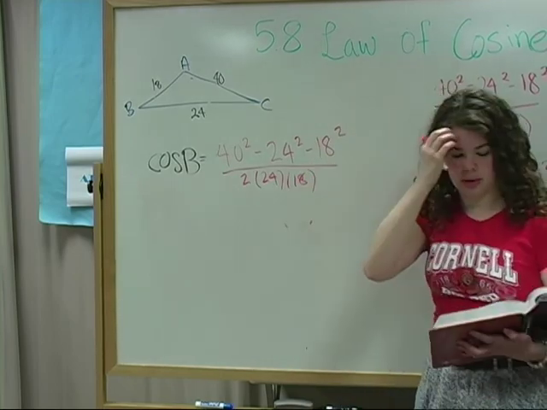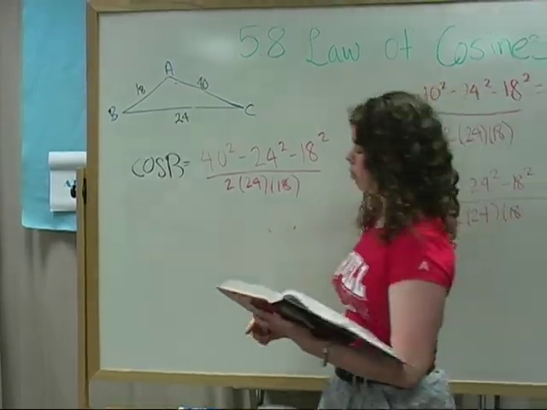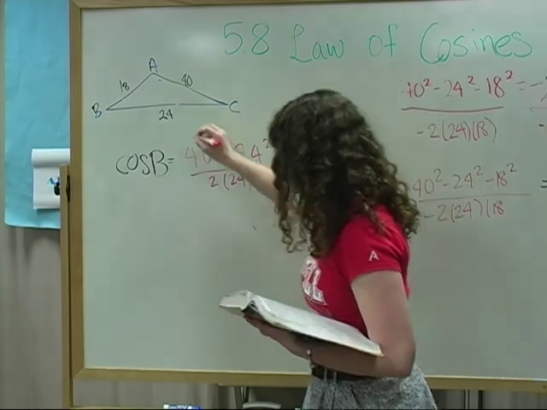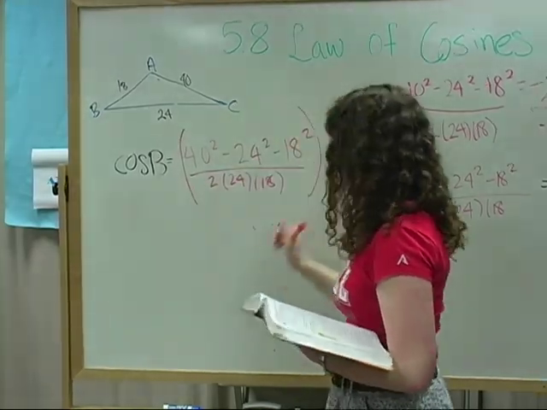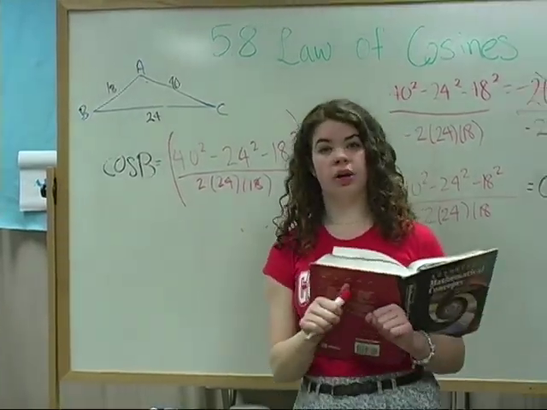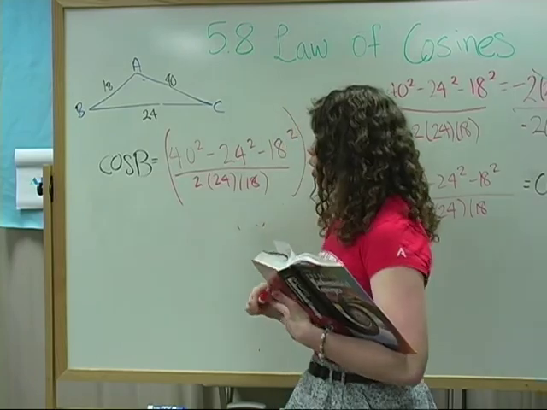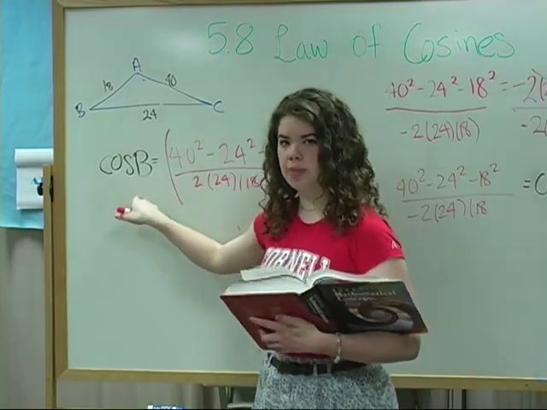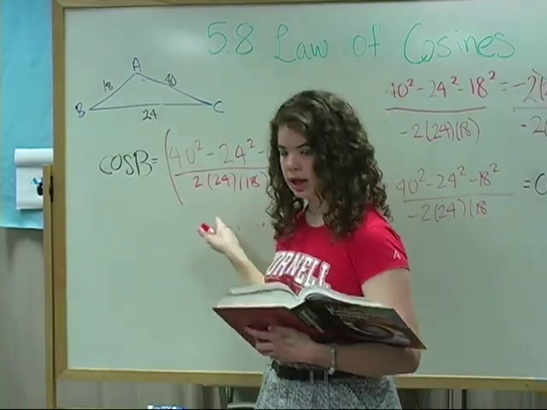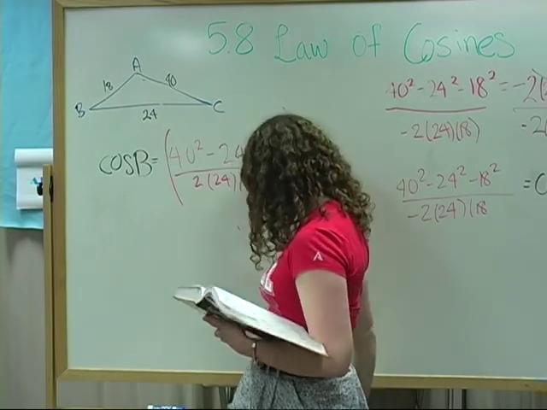That's one big number. So what we're going to do is put this in parentheses, and now we have to use our arc cosine, which is when you don't have a measure for b, but you have one number on this side, and that's the inverse of cosine.